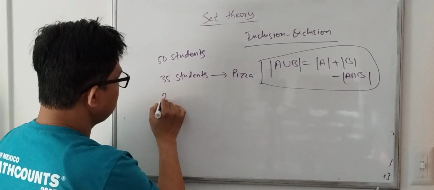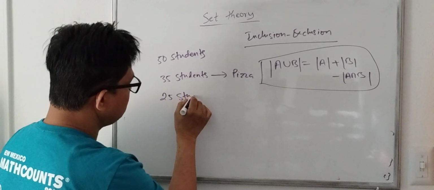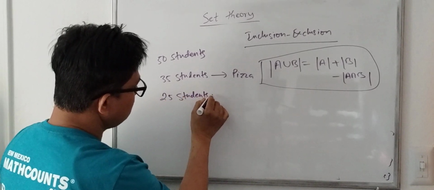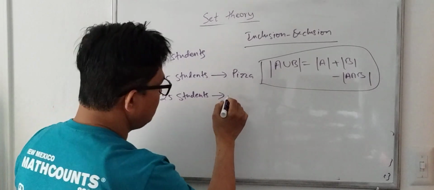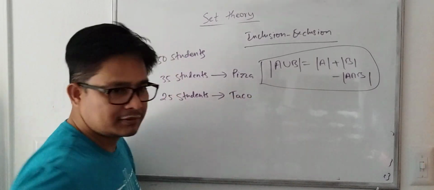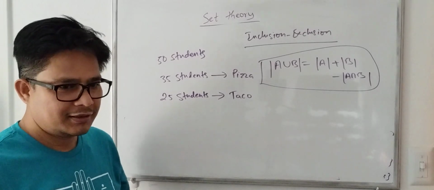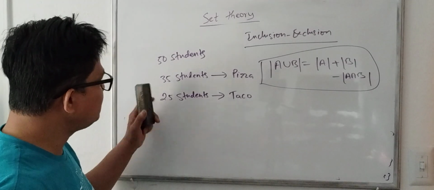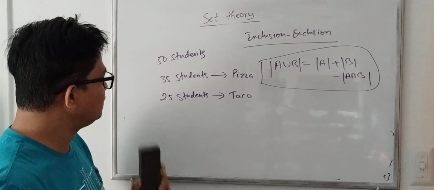And 25 students like, let's say, taco. Okay? Now, can you tell me how many students like both?